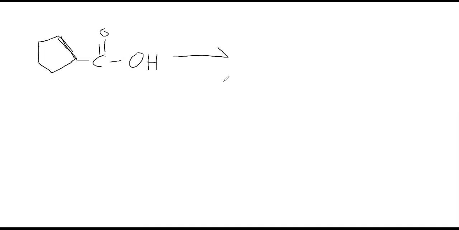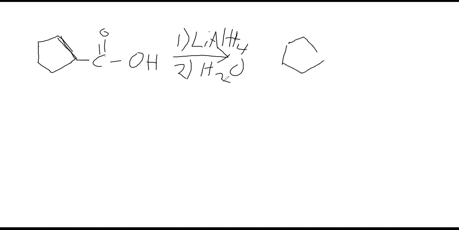And they say we're using lithium aluminum hydride and water. So, reductant, only one reducing spot, and it's a strong reductant, so it's just going to kick this all the way back to the alcohol. So CH2OH, cyclopentyl methanol.